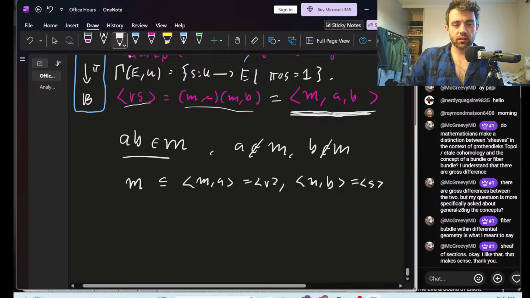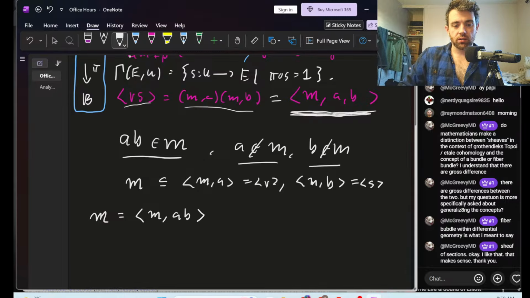Okay, so A times B is in M. So it's contained in these two principal things. But what else do we know? I mean, AB is in M. So M is the ideal generated by A and B. Ain't no doubt about it.